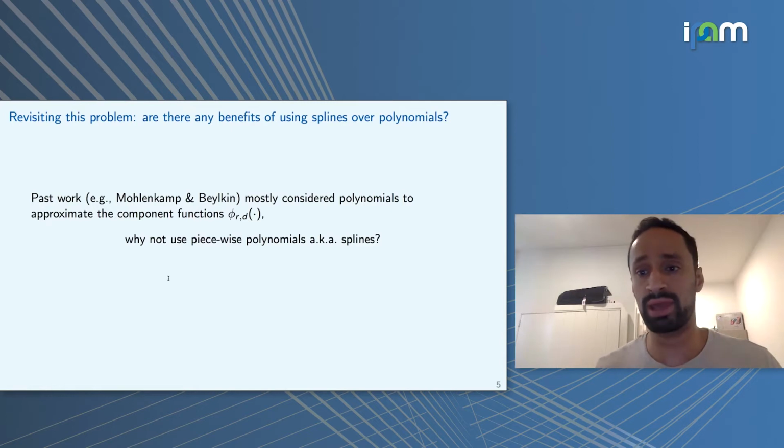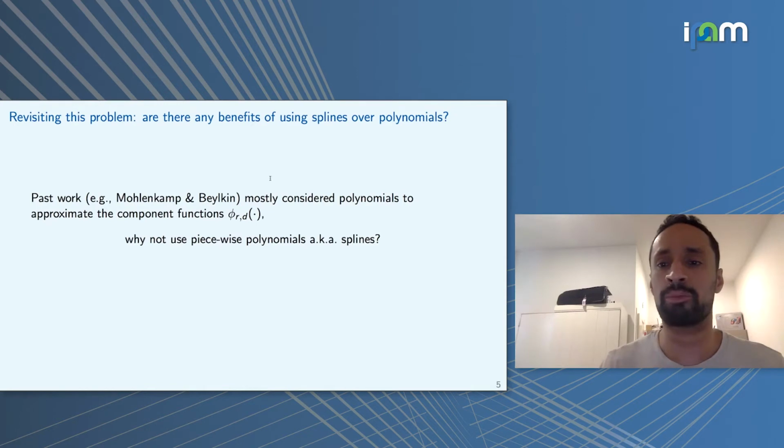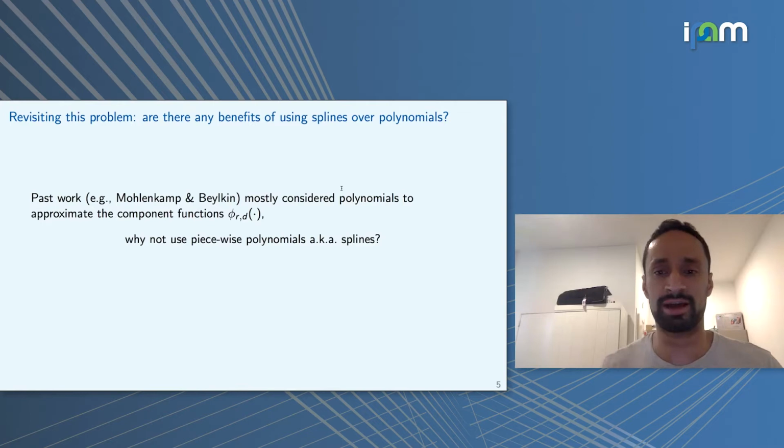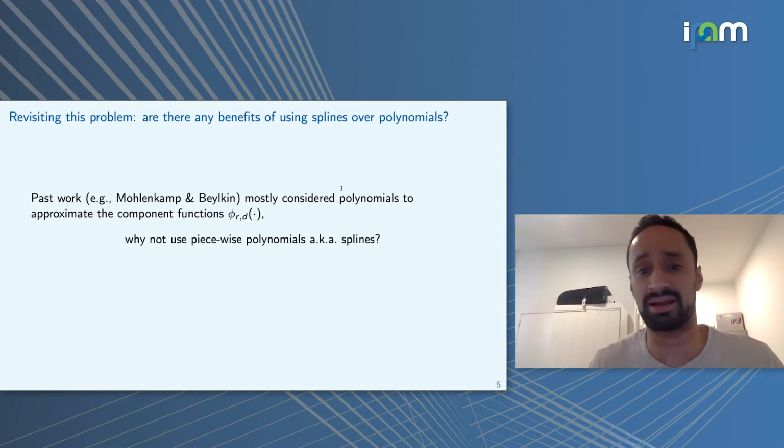When we reviewed the literature, we more or less observed that most of the past work focused on using polynomials to approximate the individual component functions. From our experience, when you're working with polynomials in approximation, you have to be very careful. They can be tricky. There are some properties you need to be careful with, and many of these, which I'll speak about later, you can get around by just switching over to spline functions.